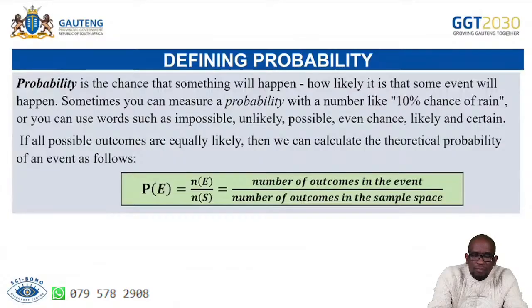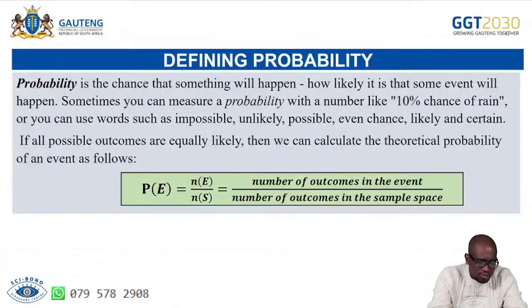Sometimes we can measure probability with a number like a 10% chance of rain. That's what our weather forecast tells us. Or you can use words such as impossible, unlikely, possible, even chance, likely, and certain.